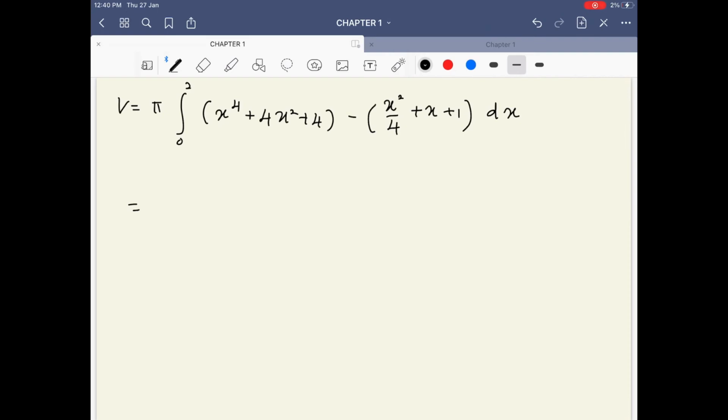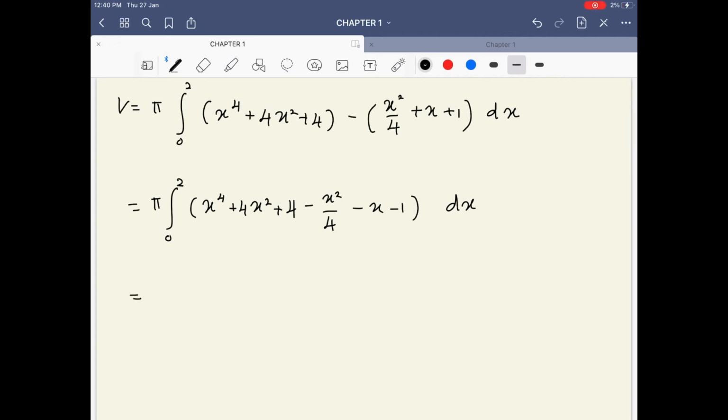All right, now we're going to proceed with the integration. Okay, we have to simplify first, or do some rearrangements, so that we don't make careless mistakes here in terms of integration. All right, so we have x to the power of 4 plus 4x squared plus 4 minus x squared over 4 minus x minus 1 dx.